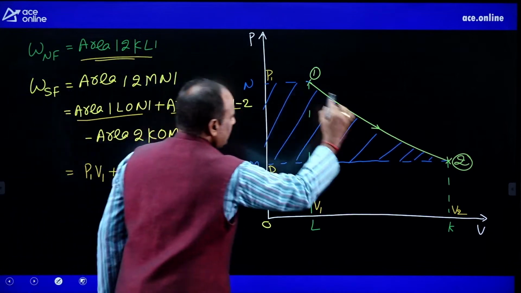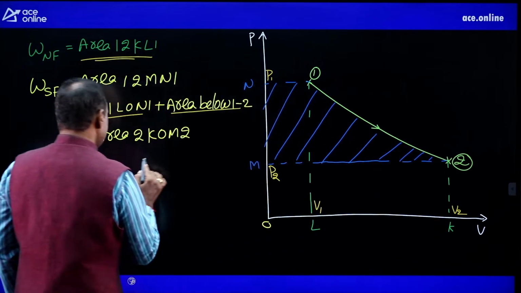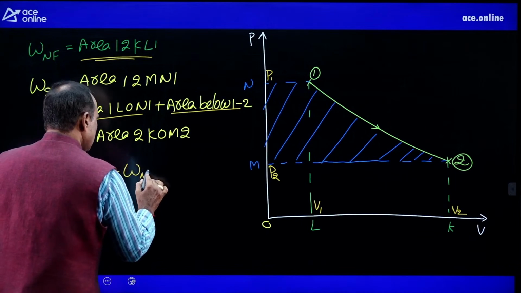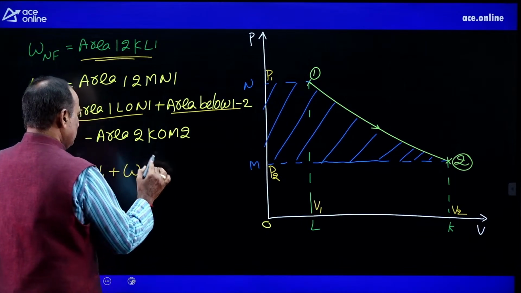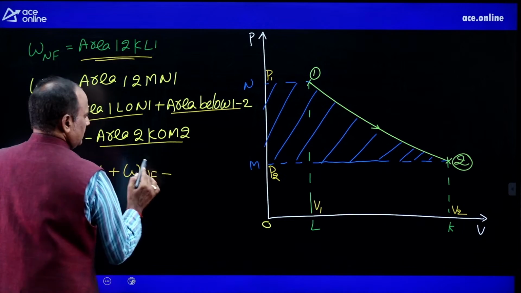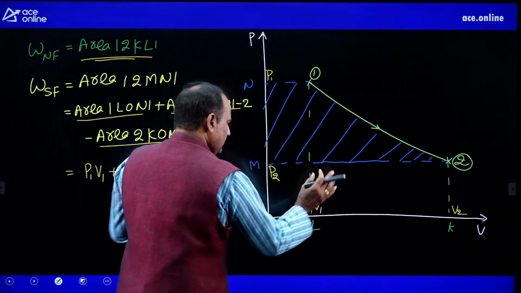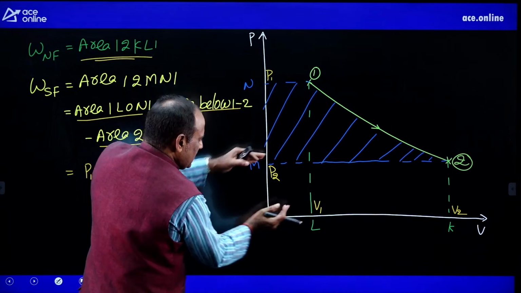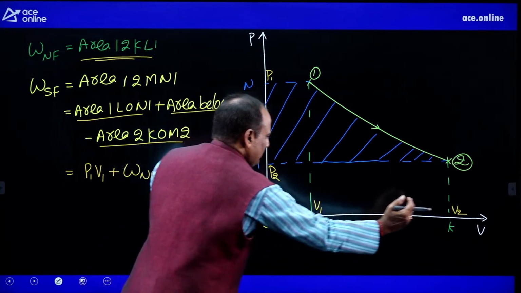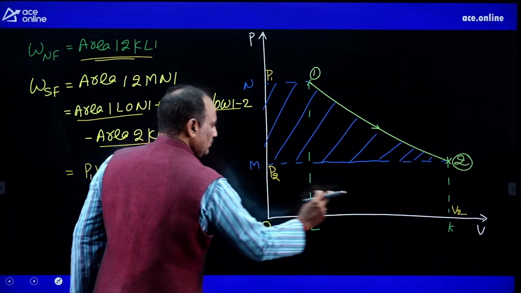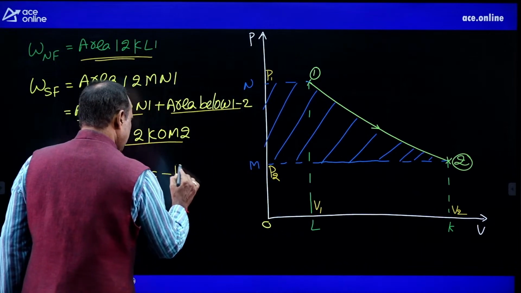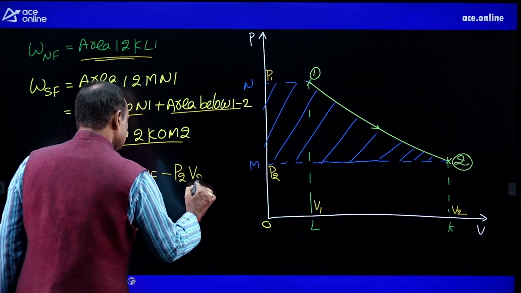Area below 1, 2 means area 1 to 2, K, L1 is the non-flow work. Non-flow work minus this area. This area is what? This rectangular strip area, depth multiplied by breadth, is P2 V2.